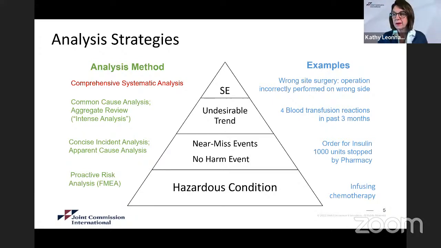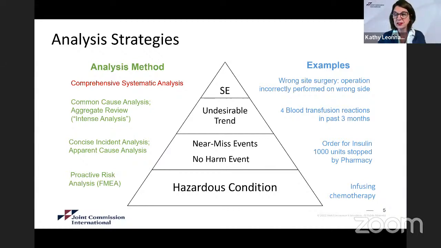And note that it really is the method that's used to address those harm, sentinel events, patient safety events that we need to do a full review. Often takes weeks up to months to review and complete the analysis and develop our action plans.